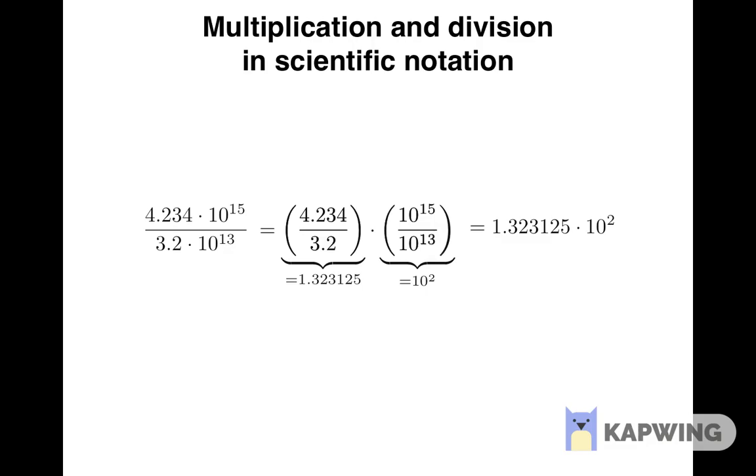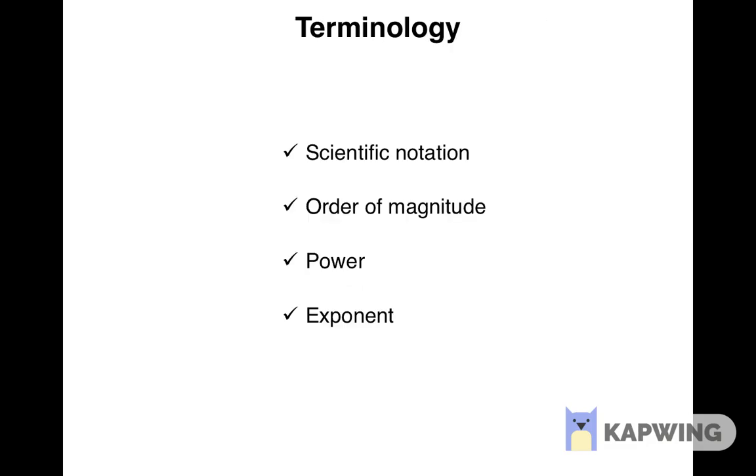Here we have used the fact that in the second parentheses we have a product of 15 tens in the numerator and a product of 13 tens in the denominator, so 13 tens cancelled out and only 2 tens in the numerator are left. In general, a quotient of 2 powers of 10 is a power of 10 with the exponent that is equal to the difference between the exponent of the dividend and the exponent of the divisor.